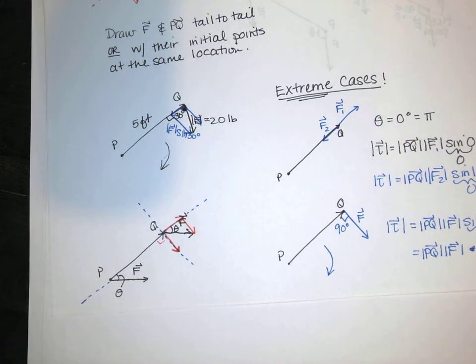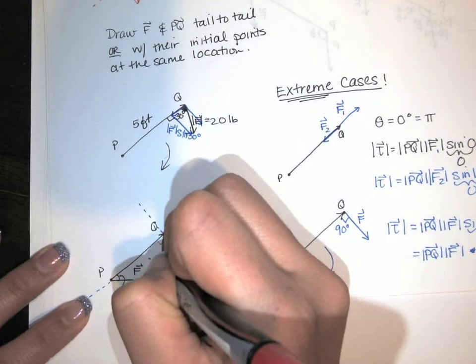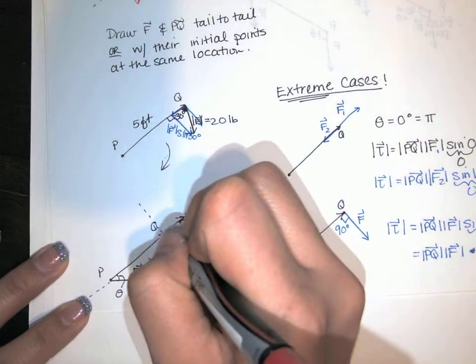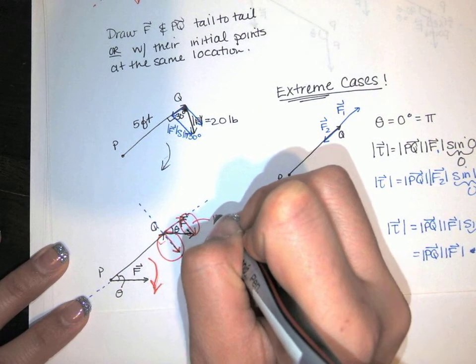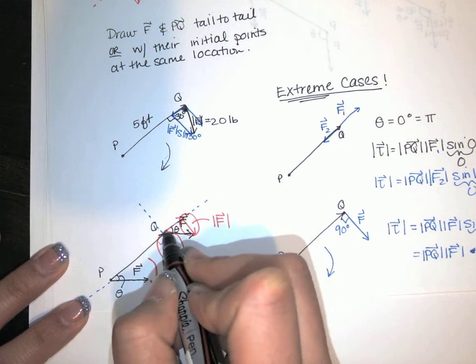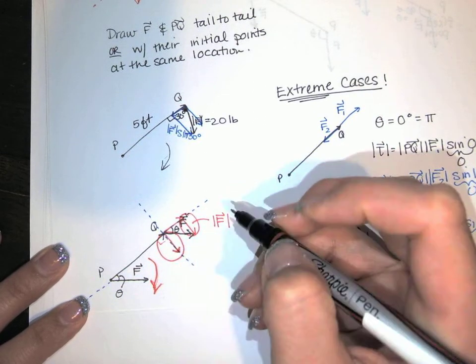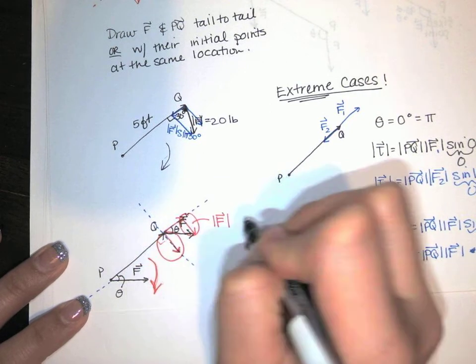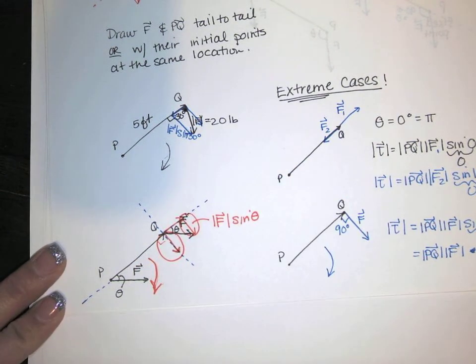But the one that's doing the work in this case, the one that's causing the rotation of PQ this way, that's this one. And that one is given by the magnitude of the hypotenuse of this little right triangle, which is the magnitude of the force F, and it's opposite theta in the triangle, so it's sine of theta. Does that make sense?